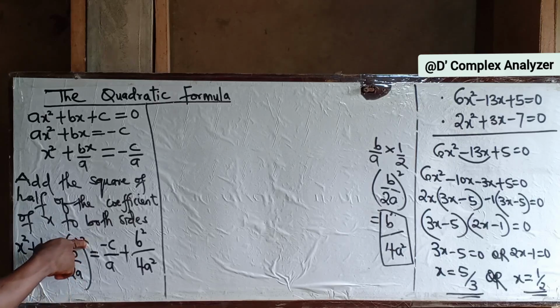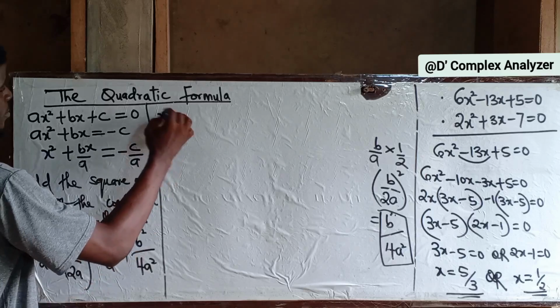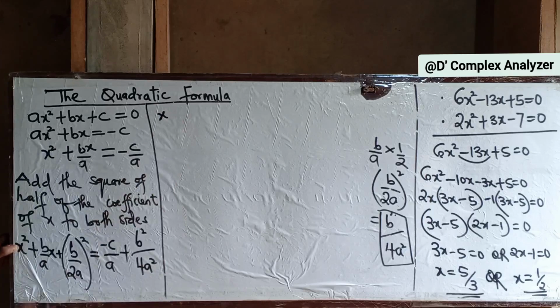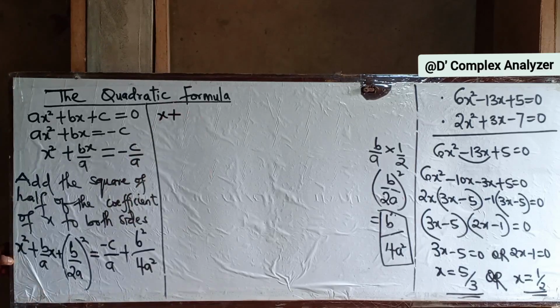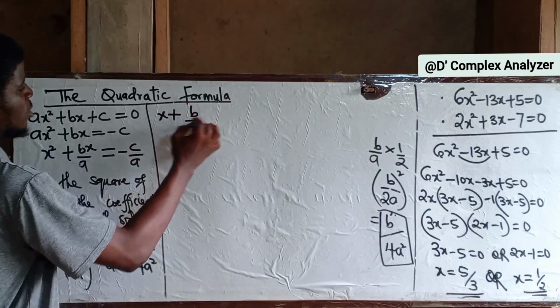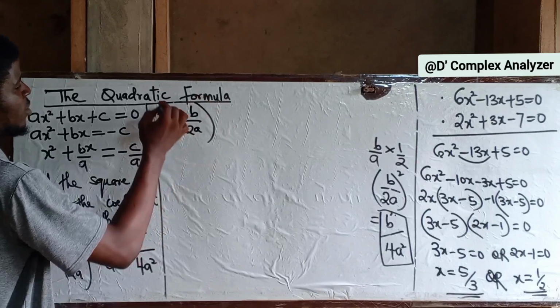So what I'm going to do now is this. I'll write this x. Leave the square alone. The sign of this middle term is plus. Write it down. Leave the middle term. b over 2a is all raised to power 2. Leave the power 2. Write the b over 2a. Then square everything.